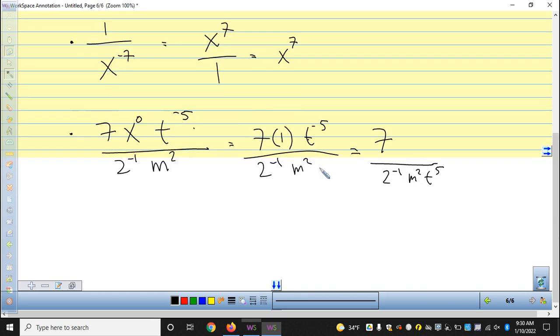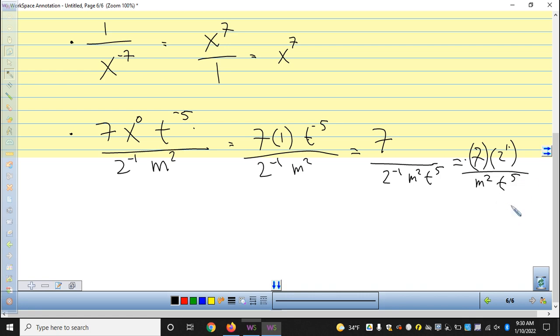So I took care of that t to the negative 5. Now I have this 2 to the negative 1. What am I going to do with that 2 to the negative 1? I want to move it to the top and make that negative 1 positive. So this is going to be 7 times 2 to the 1 over m squared t to the 5th.